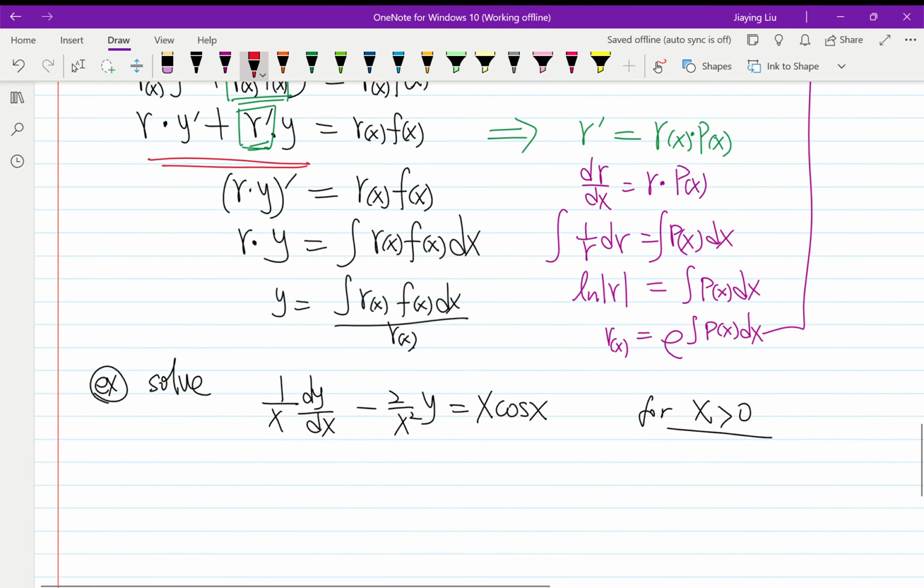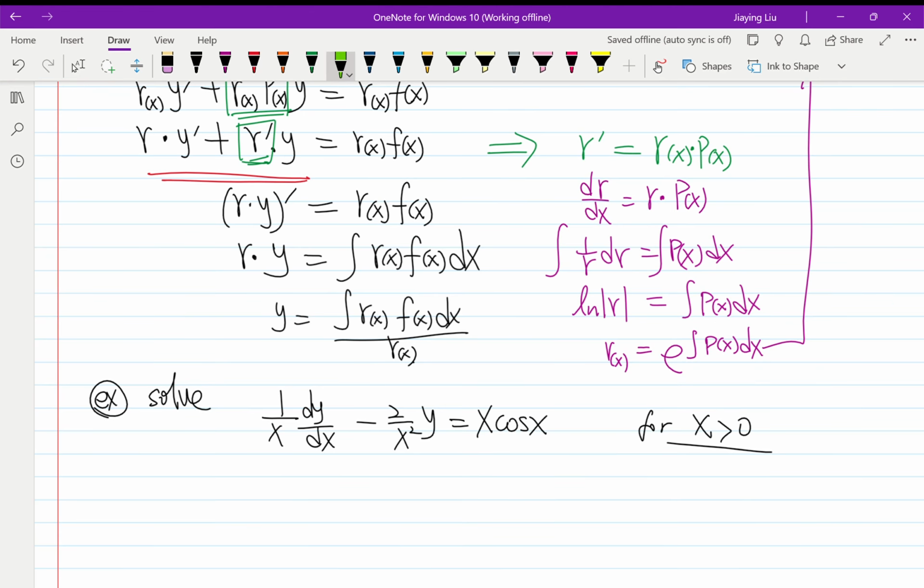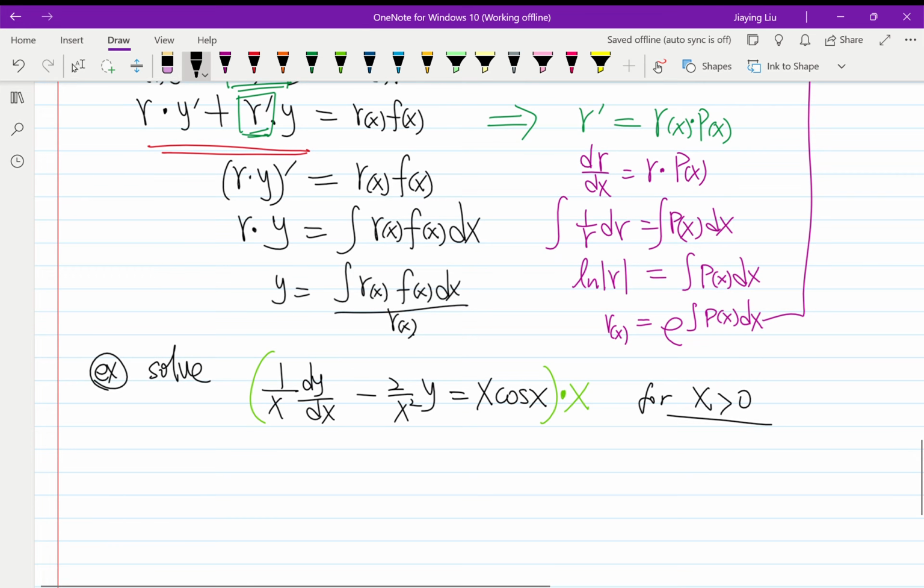So if you remember what I said earlier, I put a star there, so we don't want anything in front of the derivative, right? Here we have 1 over x, so we have to get rid of the 1 over x first before we can do anything using this approach. So let's multiply by x on both sides to simplify the coefficient of dy/dx.